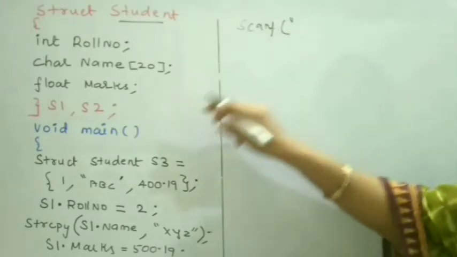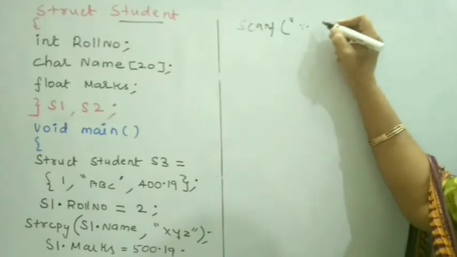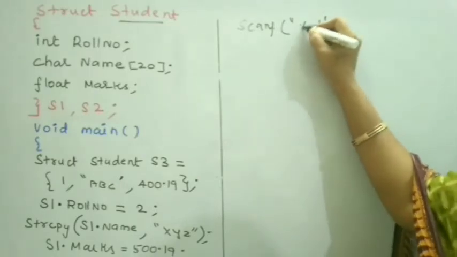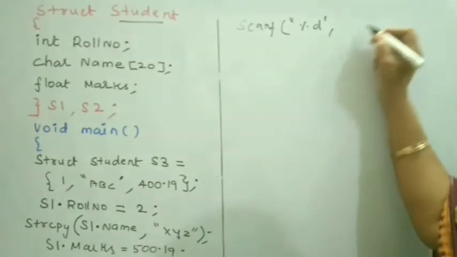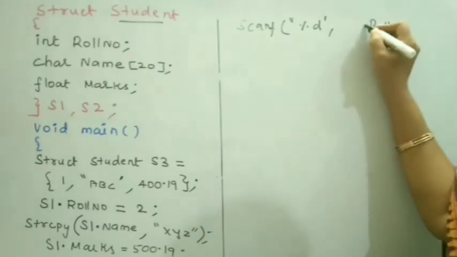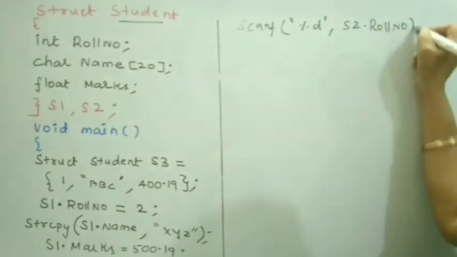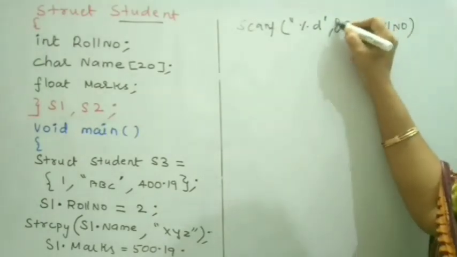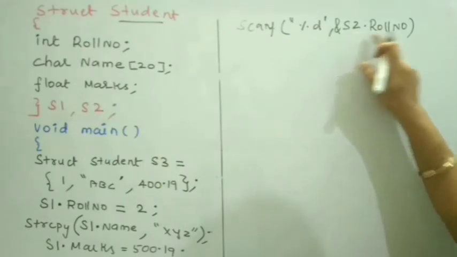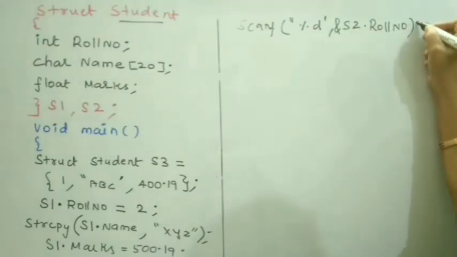In scanf, I want to get value for the first data member, it is an integer value, so it is %d. Get value for the roll number of the structure variable, that is s2 dot roll number. When I get the value it should be assigned to the memory address allocated for s2 dot roll number, so I have specified the memory address here.